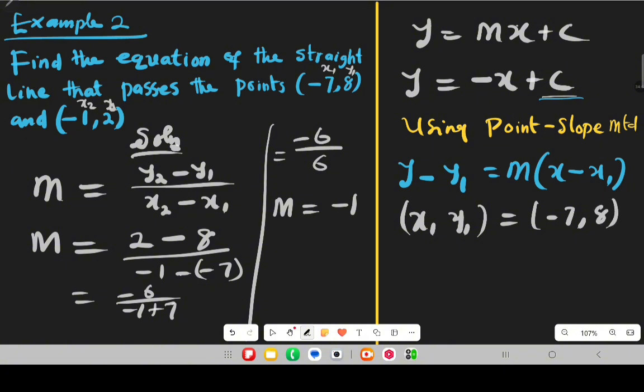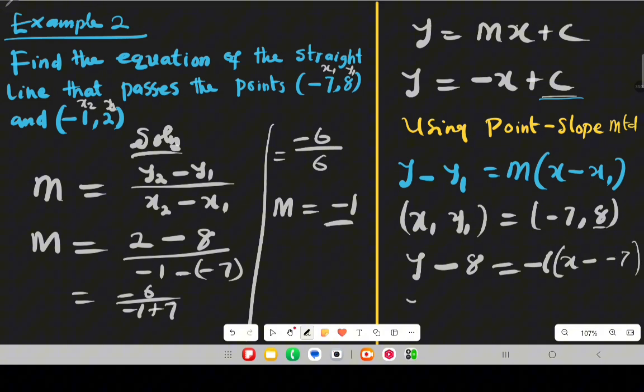If we substitute this into this formula, we have y minus y1, which is 8, equal to the gradient, which is given as minus 1, into x minus x1, which is minus 7.